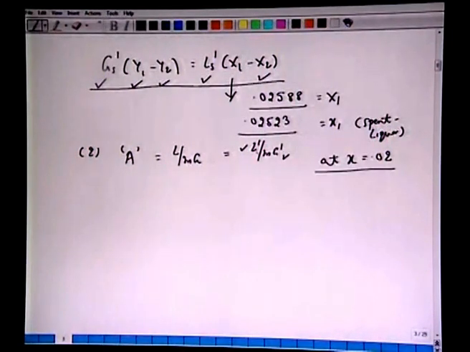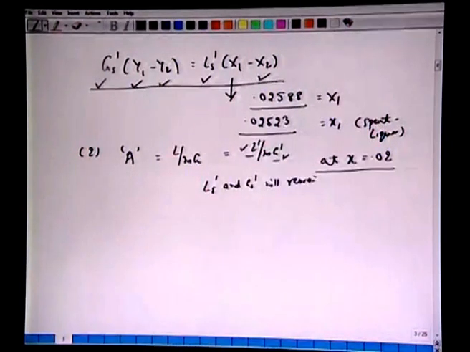So, make a note here that L prime will change along the column, G prime will also change along the column. LS prime and GS prime will remain constant, but L prime and G prime will change. So, the question is to calculate this quantity at x equal to 0.02.